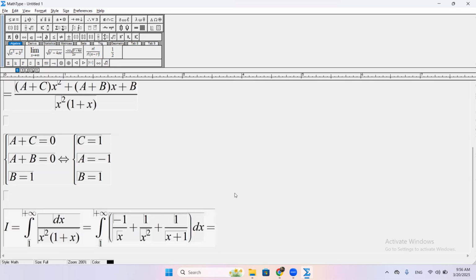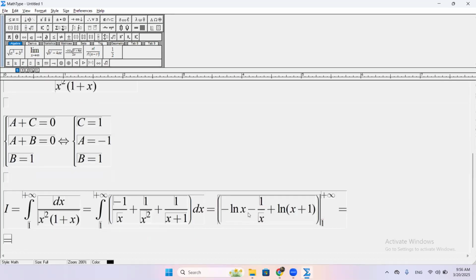So now let's integrate. We'll receive the following expression, with the substitutions from 1 to plus infinity: minus logarithm of x, minus 1 over x, plus logarithm of x plus 1. And what do we have here?